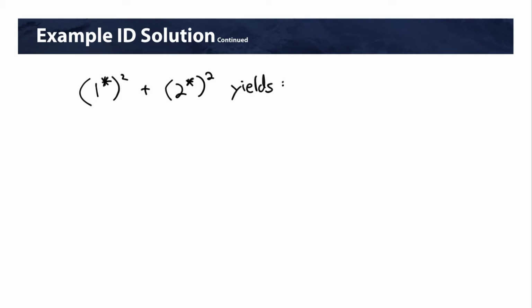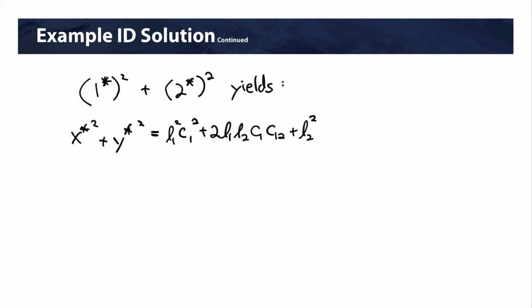And that's going to yield x star squared plus y star squared equal to L1 squared C1 squared plus 2 L1 L2 C1 C12 plus L2 squared C12 squared plus L1 squared S1 squared plus 2 L1 L2 S1 S12 and lastly plus L2 squared S12 squared. So far it doesn't look too nice, but let's group our like terms together.